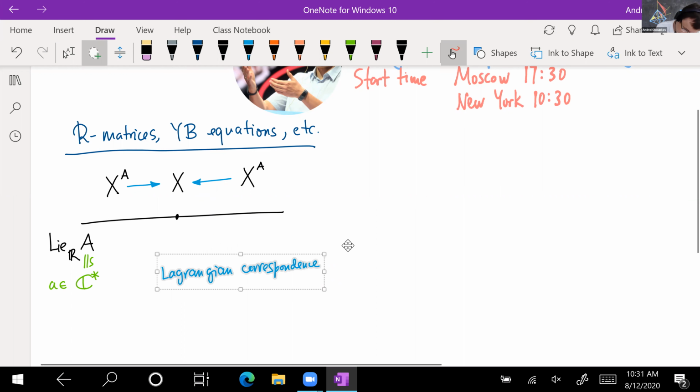And then a Lagrangian is something between the whole thing and a point. So Lagrangians should be sections of some bundle S, I think we denoted, which is somewhere in between, kind of like the square root of that bundle.